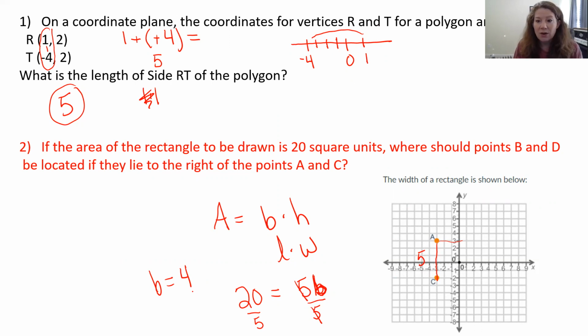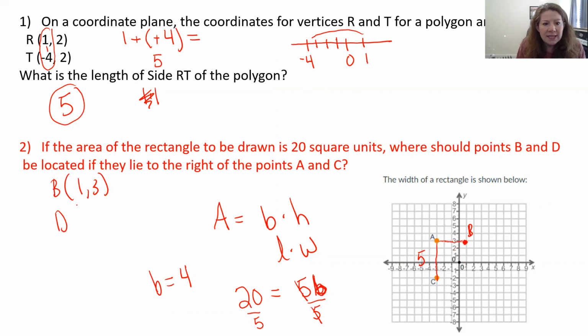The question is, what are the coordinates of B and D? Well, if this has to be 4 units long, 1, 2, 3, 4, so letter B, I assume this is going to be B, would have to be at +1, +3.